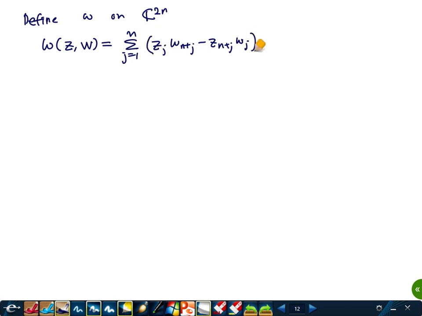And then the definition: SP(n, C) is the complex symplectic group.